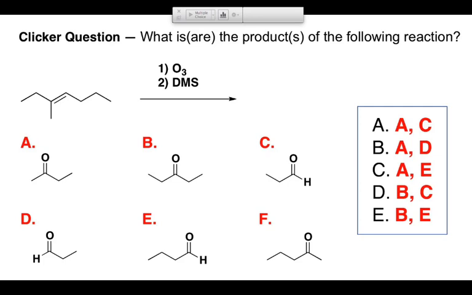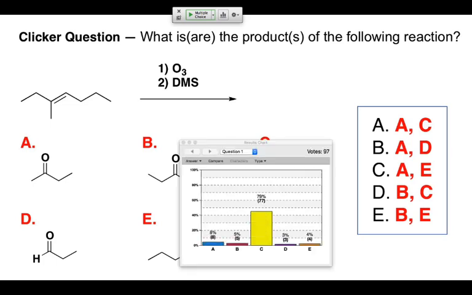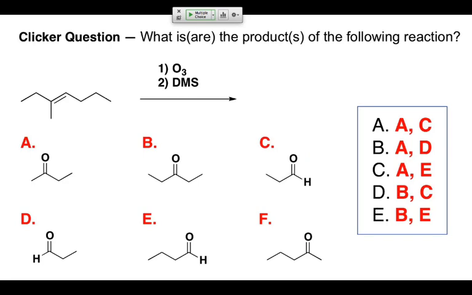Okay, good. Let's see what you guys predict. C. It must be, let's see, C is A and E. So A and E, that's correct.